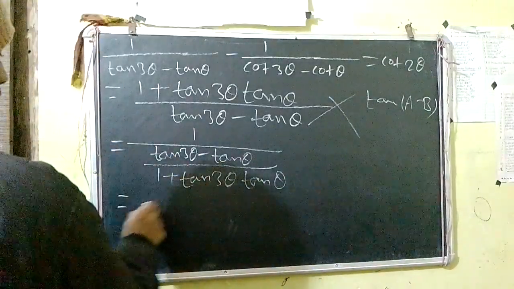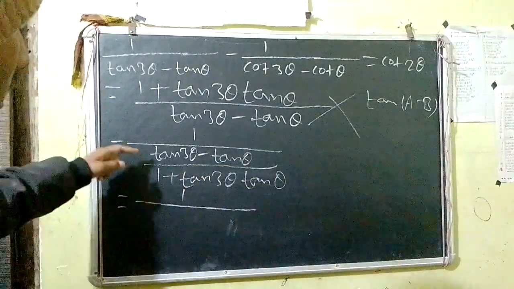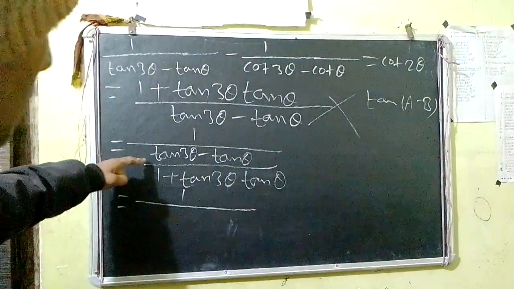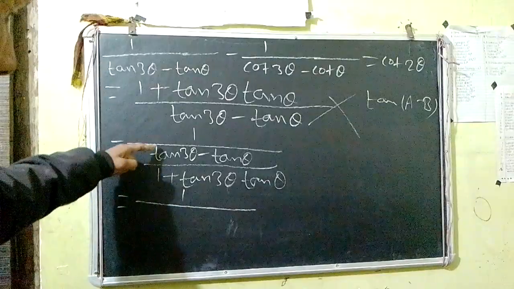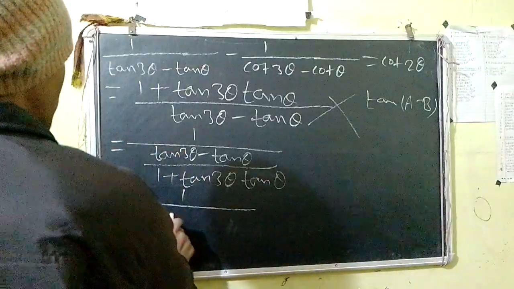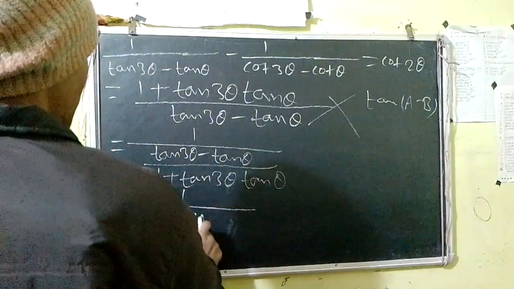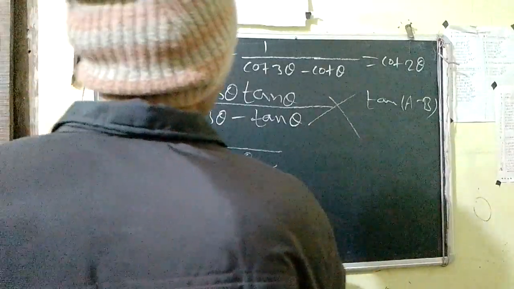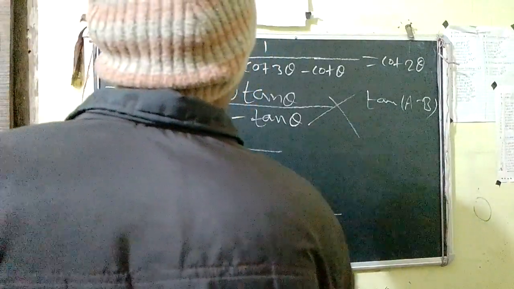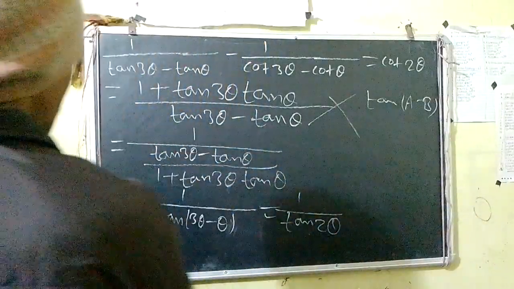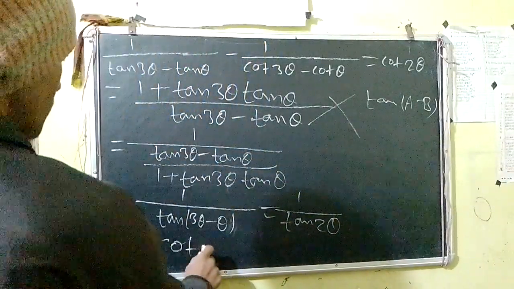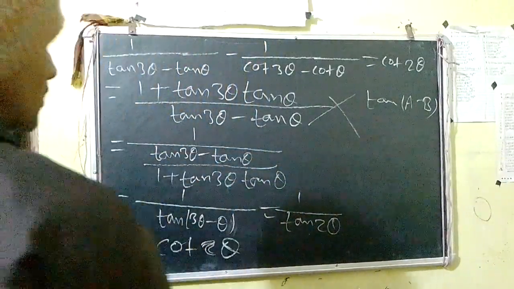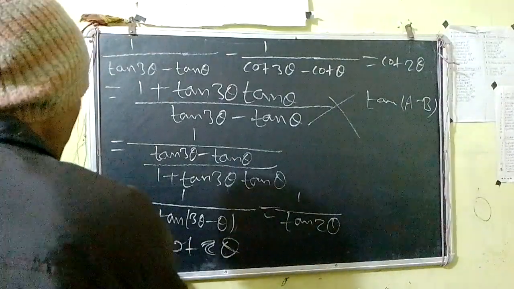This is the same thing as the formula of tan a minus b, so I can write this as tan of 3 theta minus theta, which is equal to 1 over tan 2 theta. In other words, this is cotangent 2 theta. And this is what we wanted to prove.